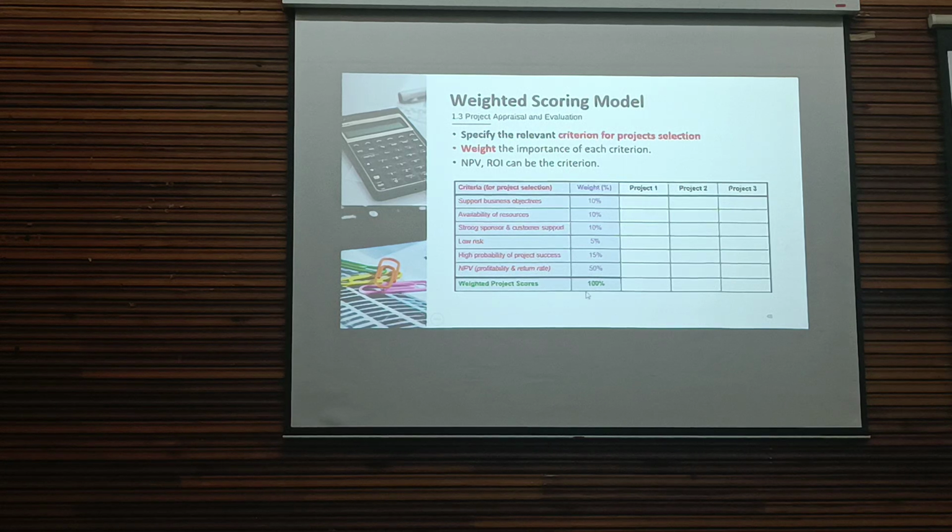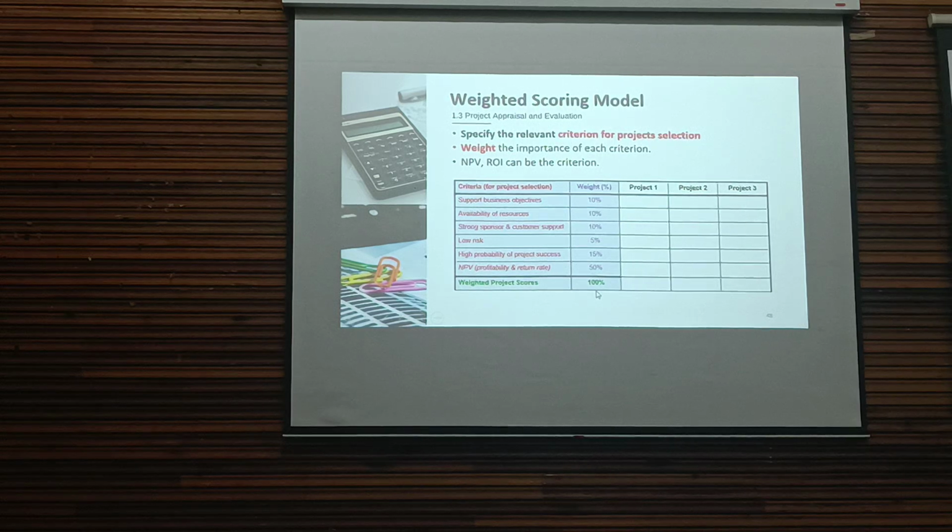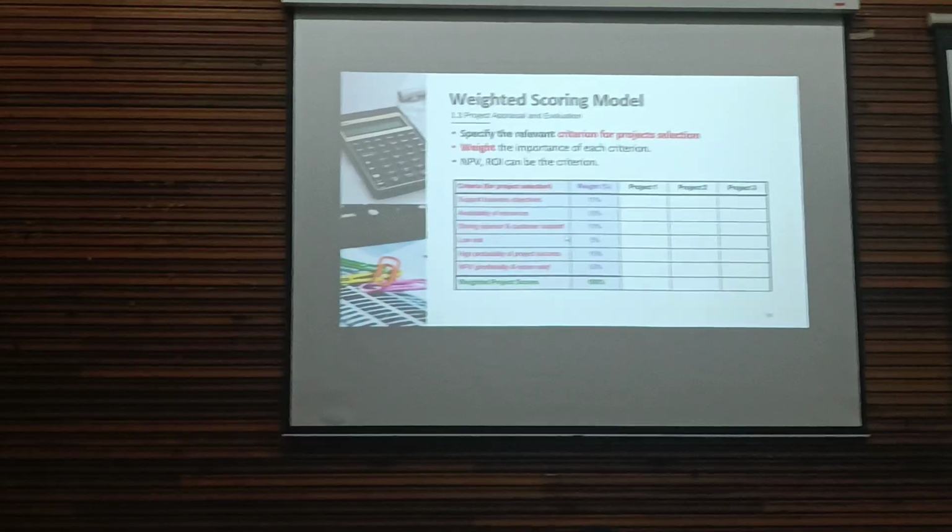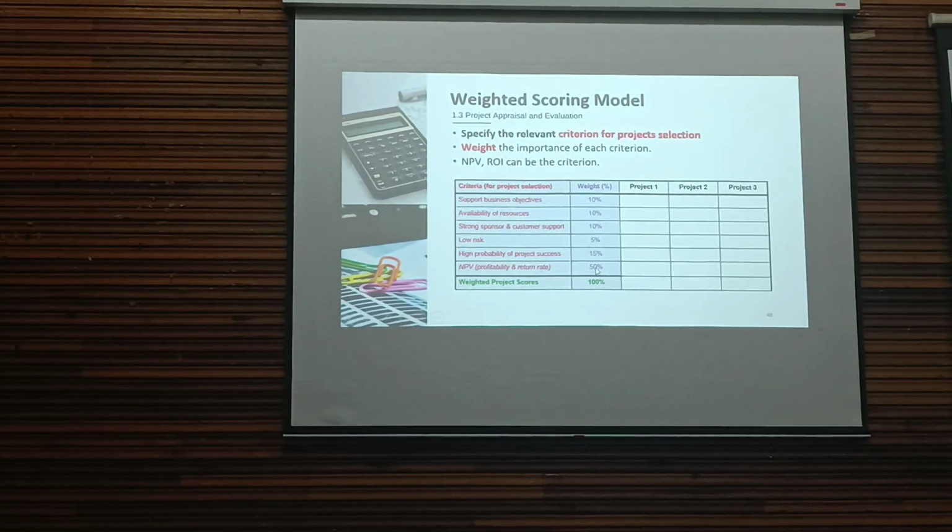The total must be 100%, cannot be more, cannot be less. So all the criteria add up to 100%. The more important, the higher the percentage. That is the first step.